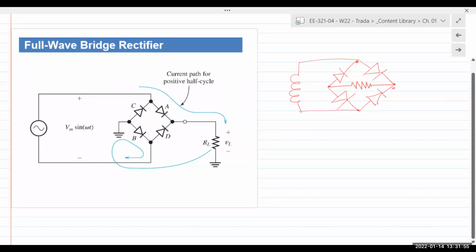So in the positive half cycle, this is what's going to happen. I'll just draw the diodes, not the entire transformer.